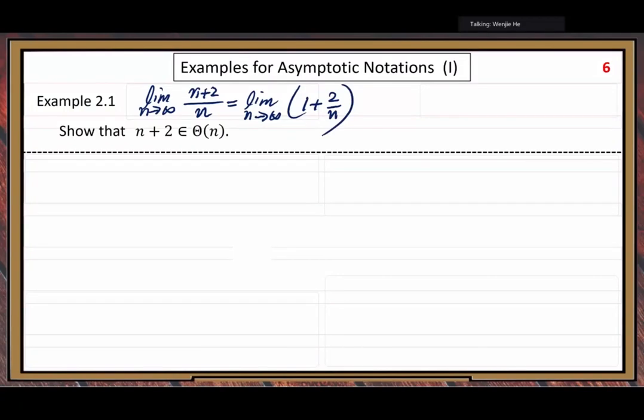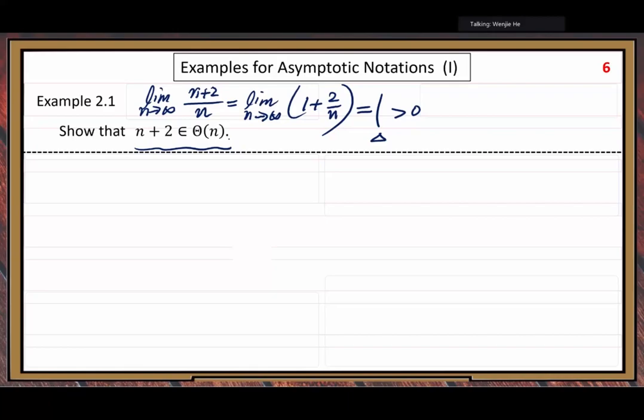When n goes to infinity, 1 has no change, but the second term's limit is 0. So the answer is 1. Is this 1 a positive constant C? Yes. So if the limit of the ratio of two growth functions is a positive constant C, then we have this big theta notation. That is the first method.